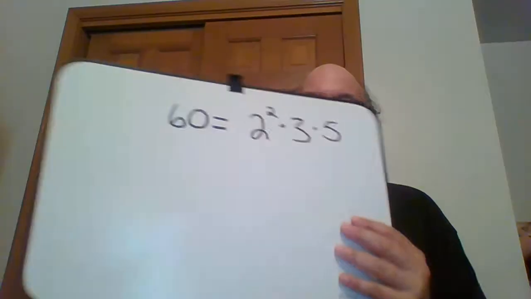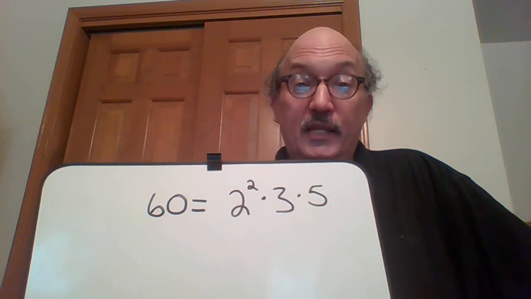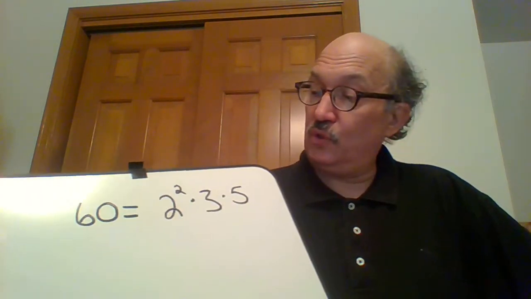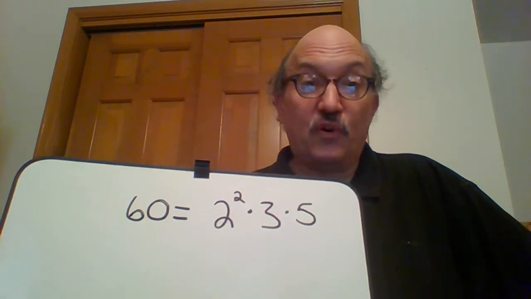You might be wondering now, so what, Mr. LeBoeuf? How does this relate to prime factorizations? I'm going to make it relate. We will begin with this. The composite number 60, its prime factorization is 2 squared times 3 times 5. Please confirm that for yourself.